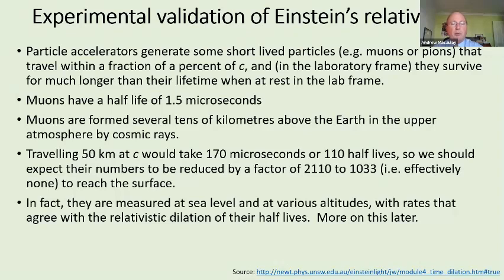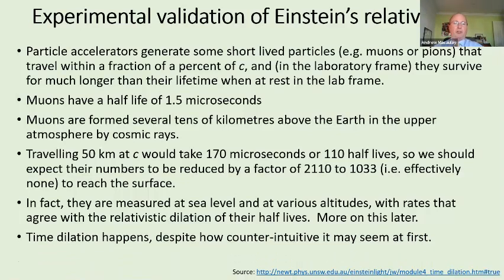Now, we'll do an example in more detail later. But this is evidence that Einstein's theory of special relativity actually happens. So time dilation happens despite how counterintuitive it may seem at first. That's where I'm going to stop this afternoon.